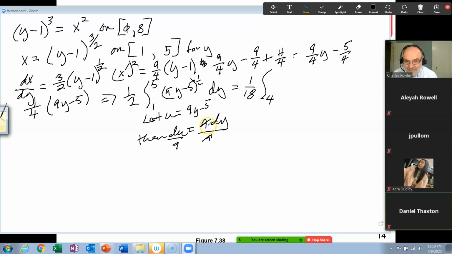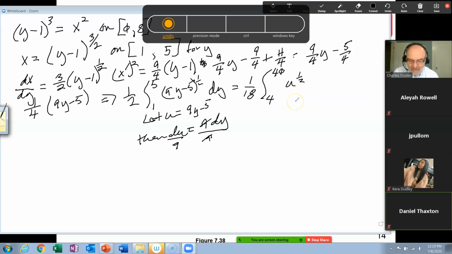At the upper limit there, when y is equal to 5, 9 times 5 is 45, minus 5 would be 40. So the upper limit is 40. And then this would be u to the 1/2 du.